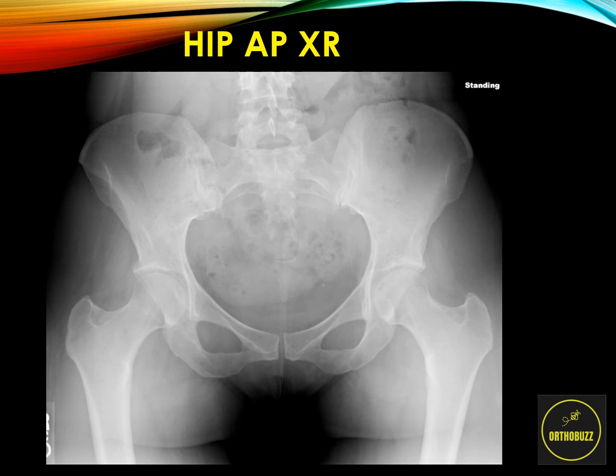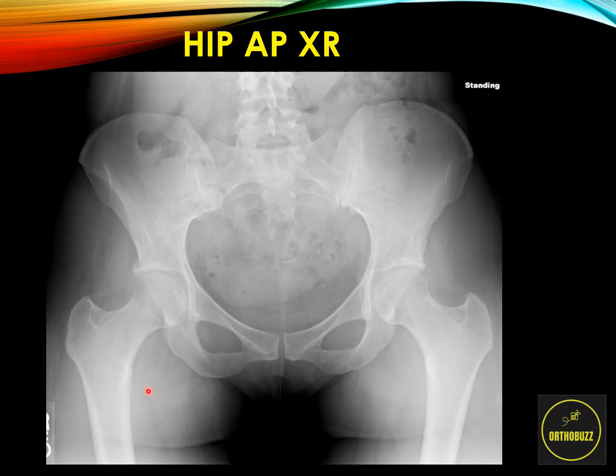Some of the key things that we can notice on this include the femoral head over here and the acetabulum over here with joint space between the two on both sides. We can see the femoral neck over here and then the greater trochanter here, a site for insertion of multiple muscles.